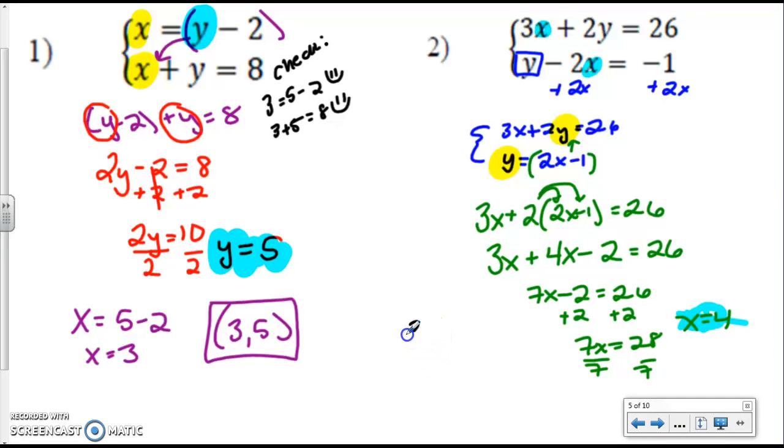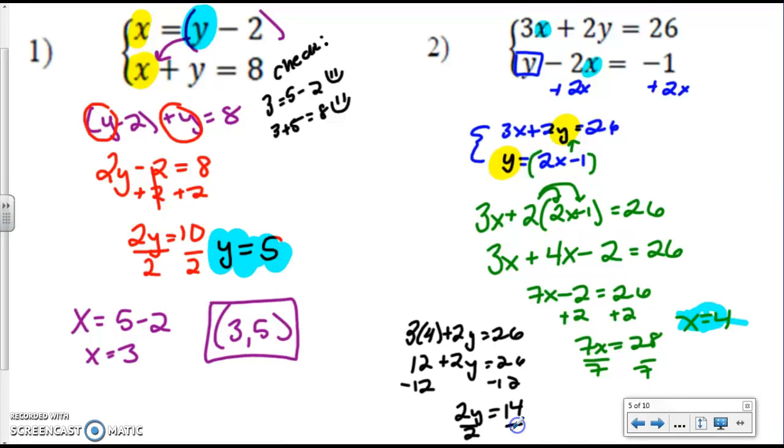So I'm going to do 3 times 4 plus 2y equals 26. 3 times 4 is 12. Subtract 12 from both sides, we get 2y equals 14, and divide by 2 to get y equals 7. So our final answer is going to be the ordered pair 4, 7.